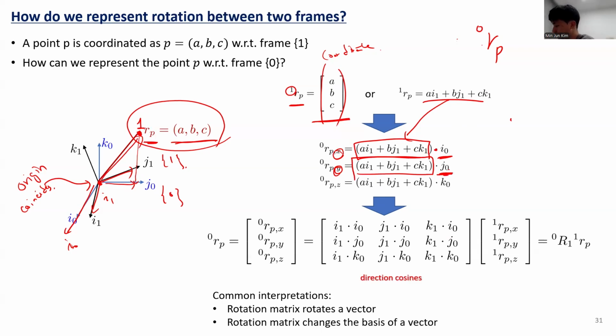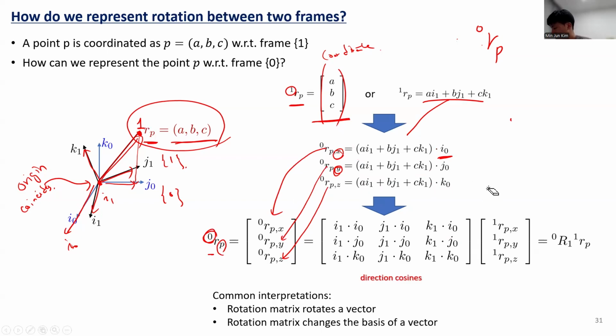And the third component is the projection of this vector onto the third basis of frame 0. So the vector pointing to P with respect to frame 0 is the first component, second component, and third component.